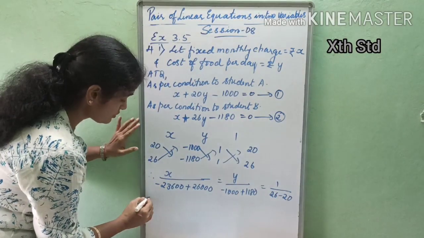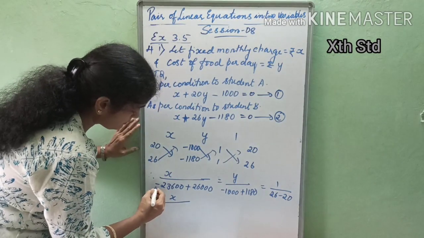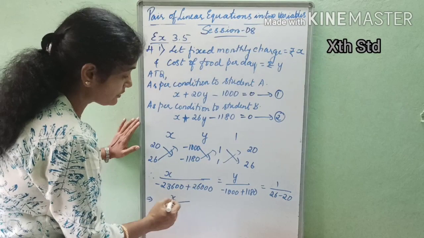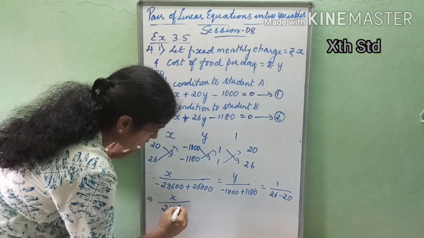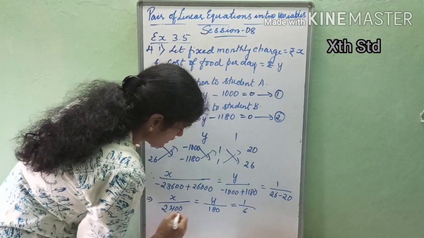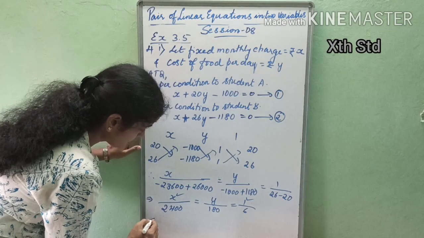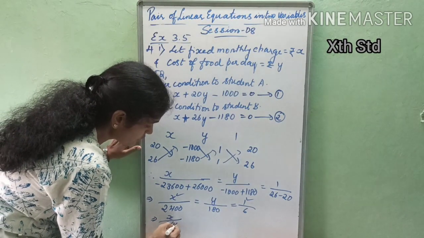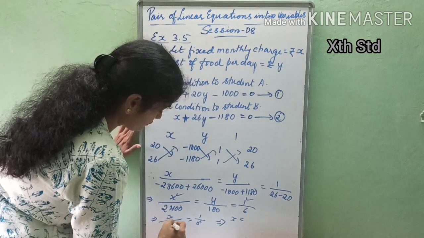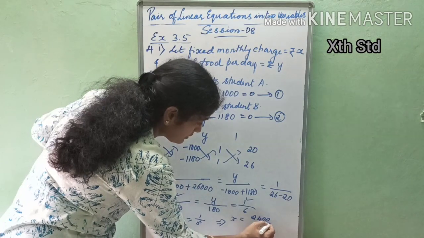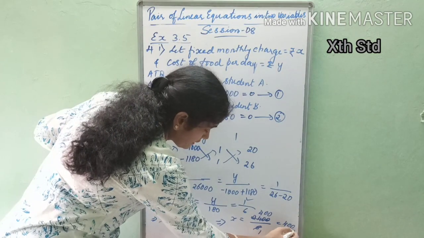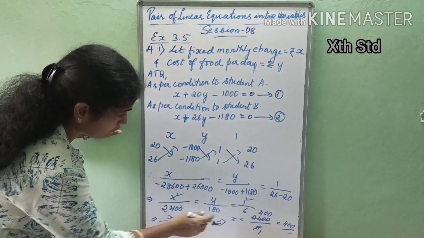So this is equal to x by minus 23,600 plus 26,000, which is 2,400, equal to y by 180, equal to 1 by 6. Now these two we will consider. So x by 2,400 equals 1 by 6. This implies x is equal to 2,400 by 6, which is 400. x is 400.